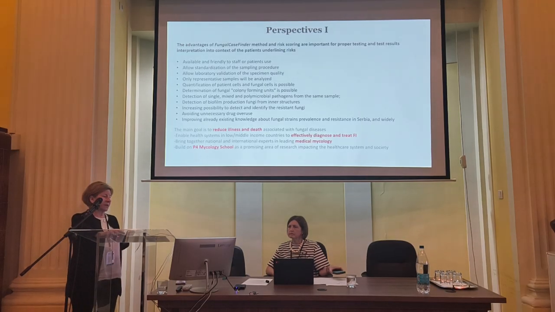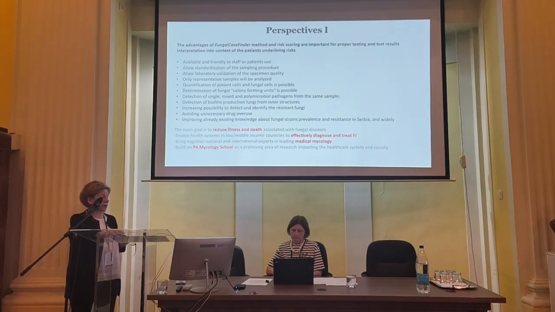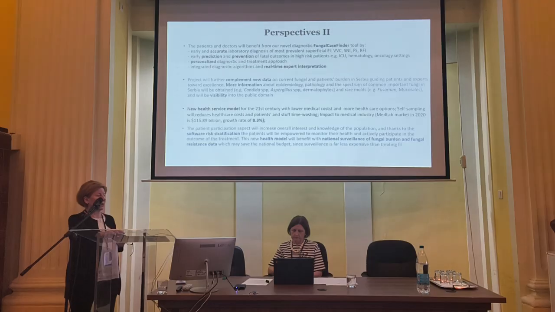In the perspectives, we expect a number of applications, but the most important is a reduction of illness and death, and the establishment of a new platform called personalized microbiology.